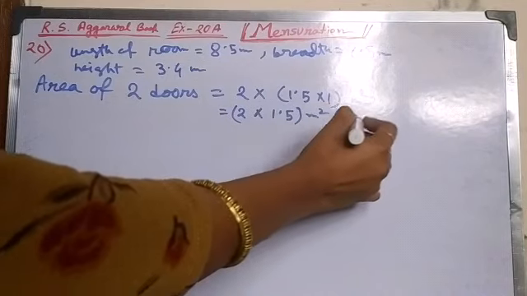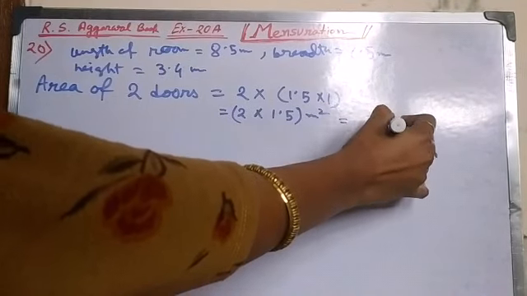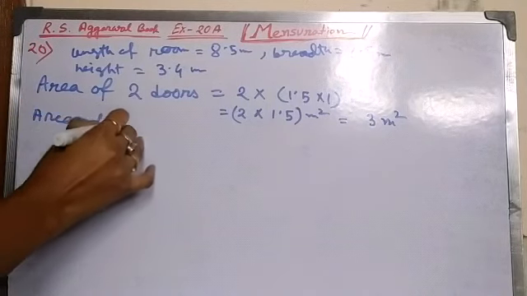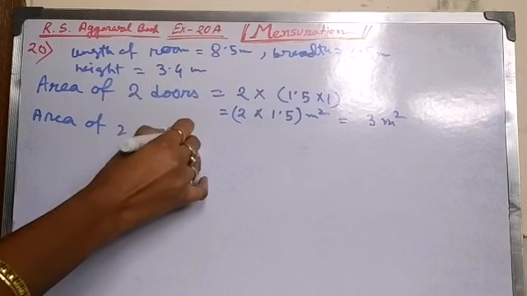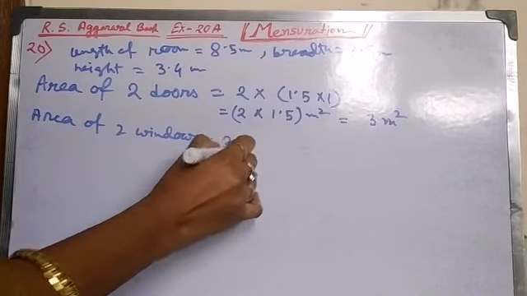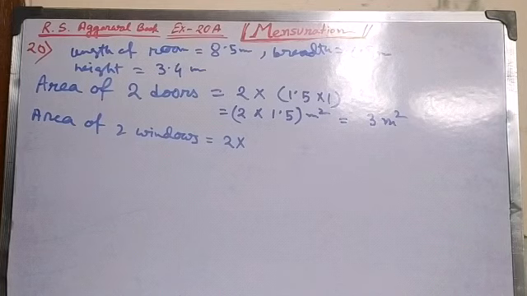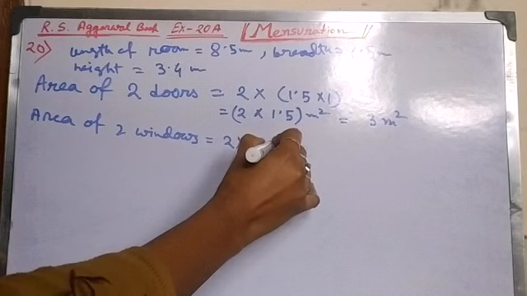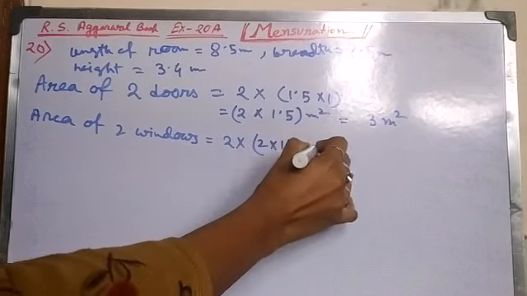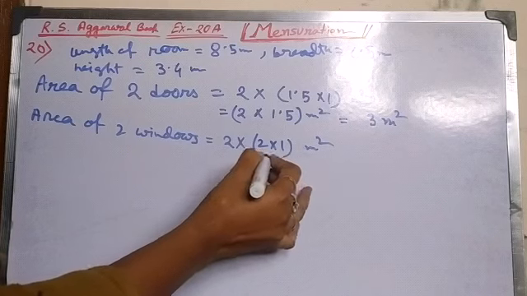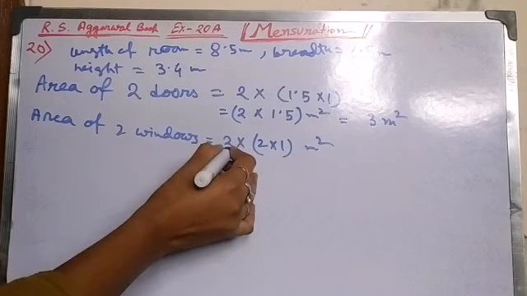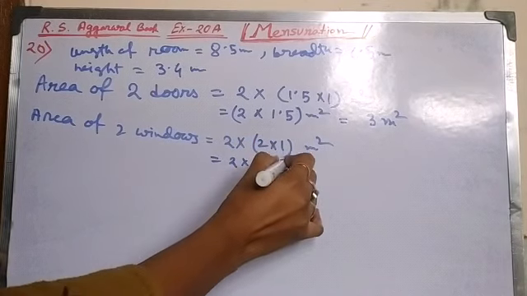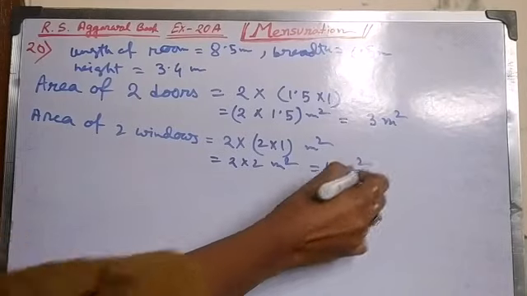Then the answer is 3 meter square. Now the area of the two windows equal to 2 into, here also windows dimensions given, 2 meter and 1 meter. So 2 into 1 meter square, this is the area of one window. So 2 windows area means 2 into this area, that means 2 into 2 meter square, that means 4 meter square.